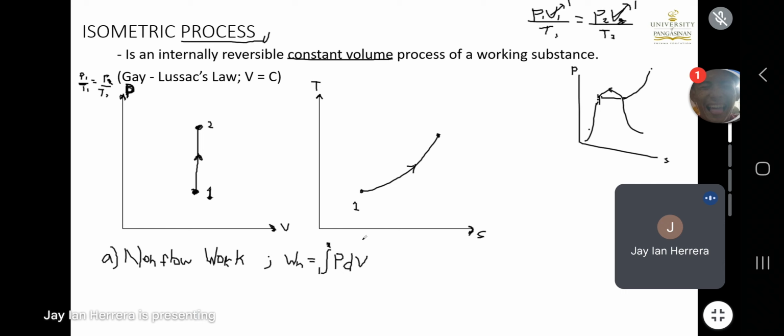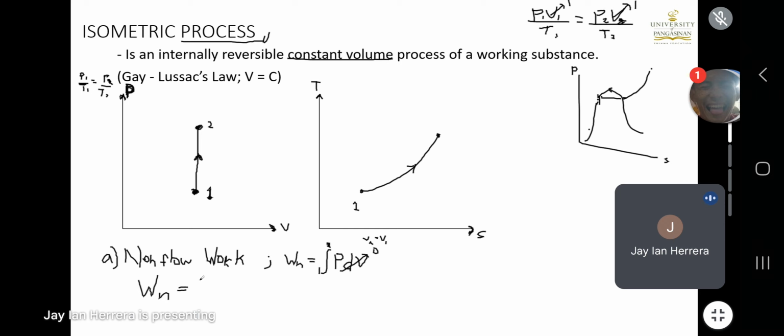So technically, volume 2 minus volume 1, since same lang sila ng value, magiging 0 lang. And since 0, kahit anong value ng pressure mo, pag minultiply mo sa 0, that will become 0. So, ang ating work non-flow is 0. Yan.